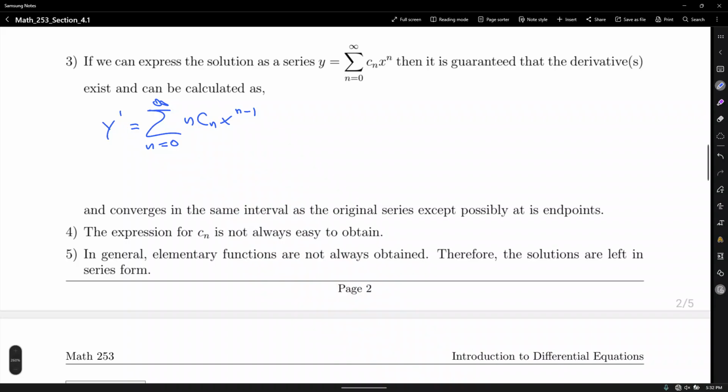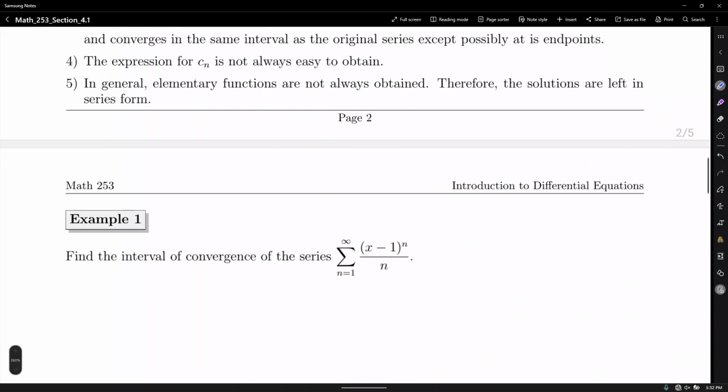And number 5, which is a consequence of number 4: if for some reason you still manage to get the sigma notation for the series, maybe it's not easy to relate it to one of the elementary functions, like we did in this case with the exponential function.